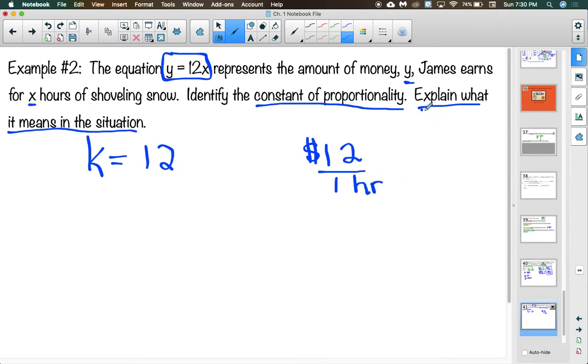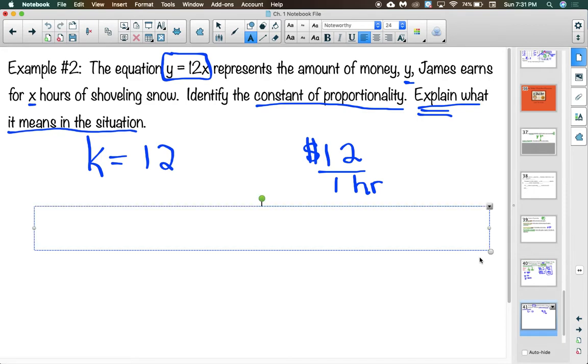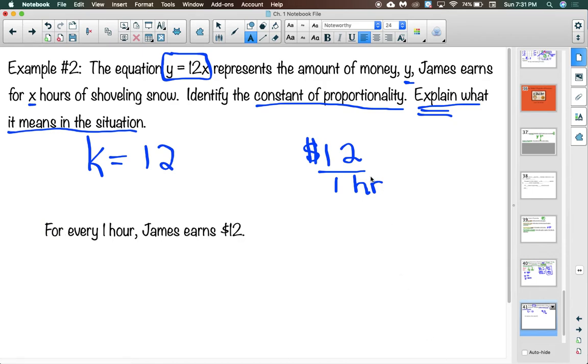So if we want to explain what this constant of proportionality means, we have to use our proportion, ratio, rate language, and we say for every 1 hour, James earns $12. Remember, we always start with the denominator first because that's our unit rate.